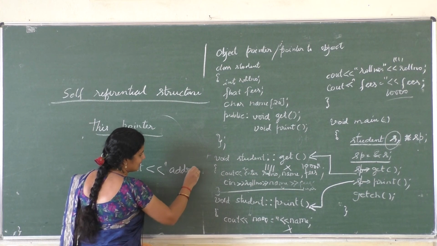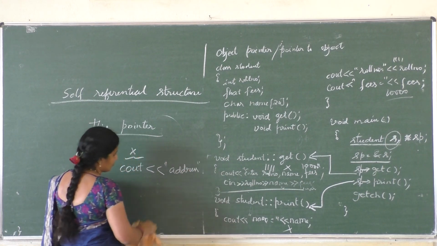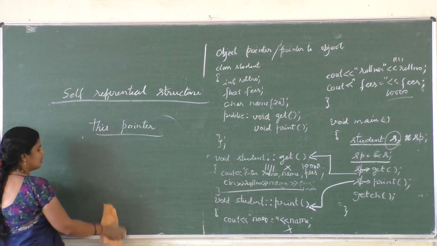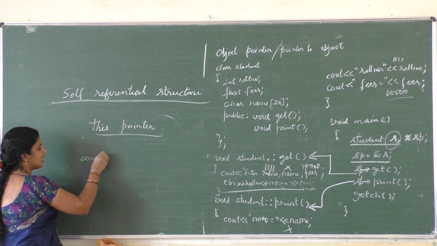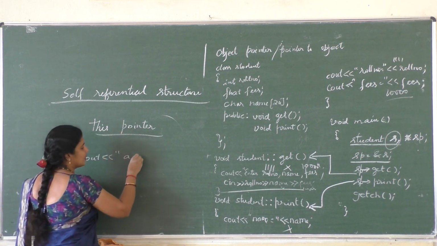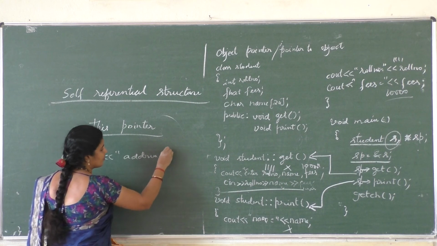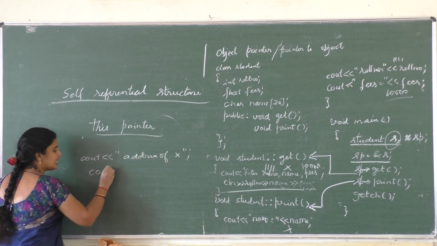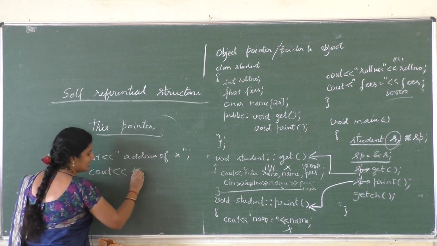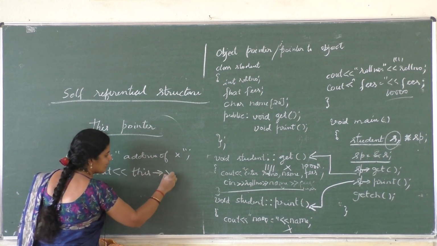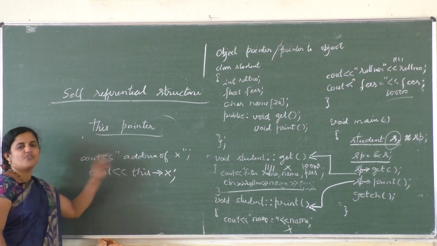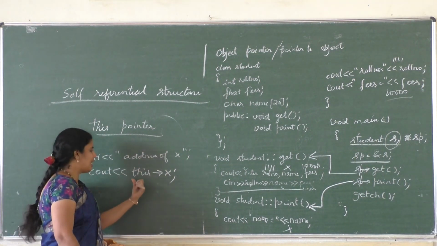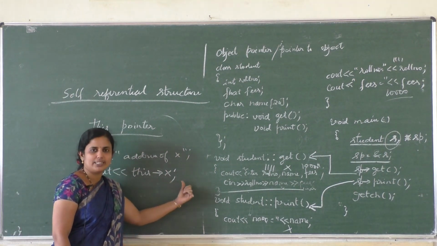I'll just write like this: cout, address of x. How can I get that address? That is by using the this pointer. I'll just write this arrow x. The address of x will be obtained by writing this arrow operator x.